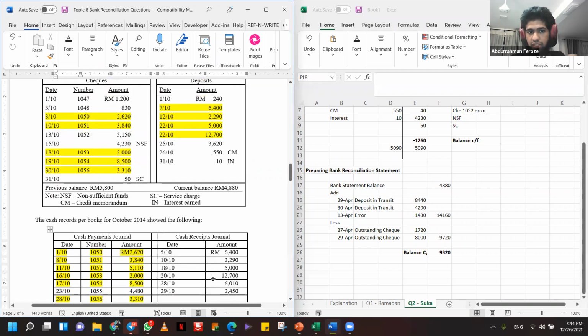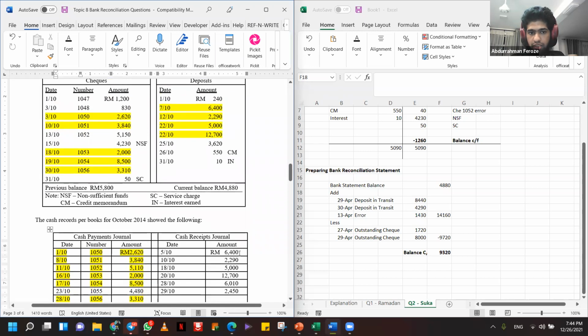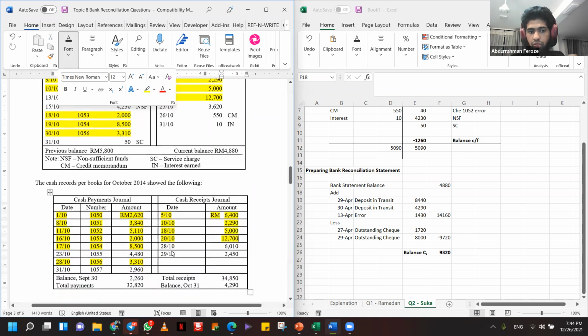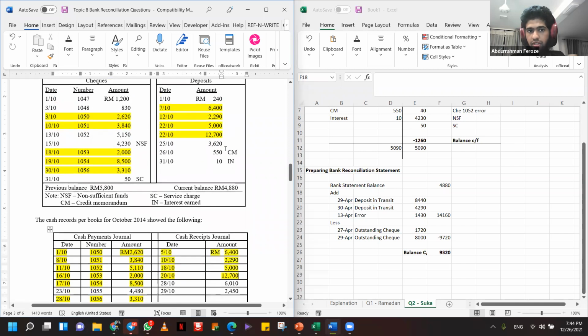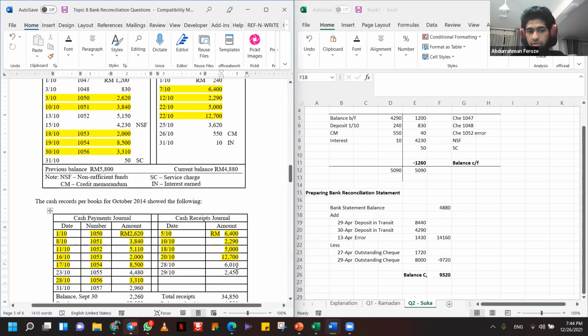And then on the cash receipt side, 6,400 is there, 2,295,000, 12,700, all of this is there. But the ones on 28th and 29th October, 6,010 and 2,440, are not there on the cash book and not there on the bank statement. All right. So these could be cash receipts that are deposits in transit.